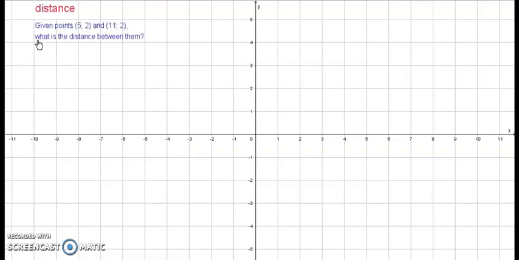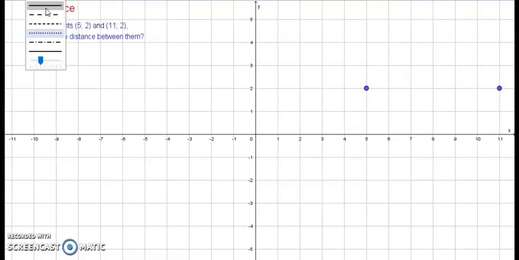Right, so for example, given points 5, 2, and 11, 2, what is the distance between them? It's often useful to first plot the points that are in the question. So 5, 2, so x coordinate 5, y coordinate 2, and 11, 2 is over there. So the distance between them is the length of this line, right?